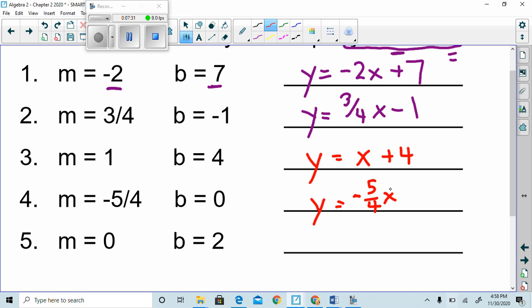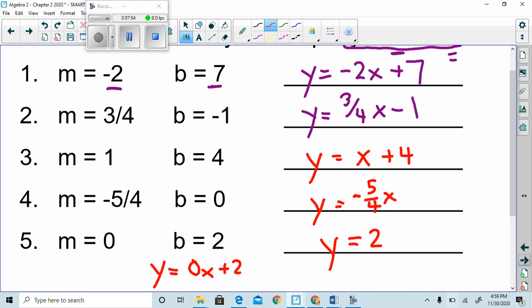The last problem, y is equal to 0 times x plus 2. Well, anything times 0 is 0, so I get an equation that looks like y is equal to 2. So there are some examples of the easiest way to write an equation, once again, when we're given the information.